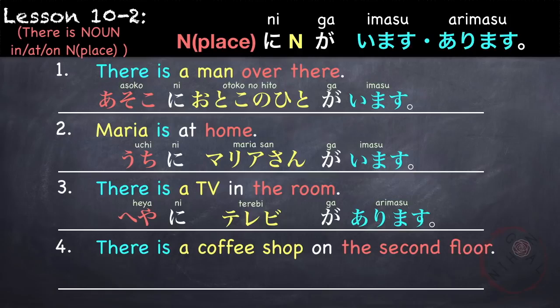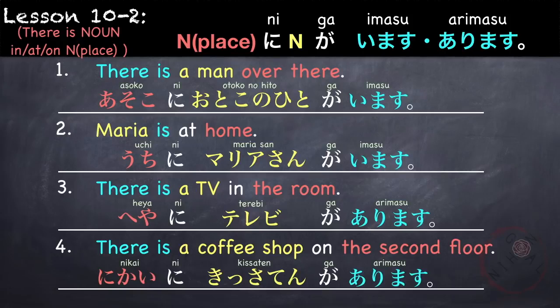Second floor is nikai. Nikai ni. Coffee shop is kisaten, or it could be written in katakana. And then kisaten followed by ga and then arimasu. Nikai ni kisaten ga arimasu.